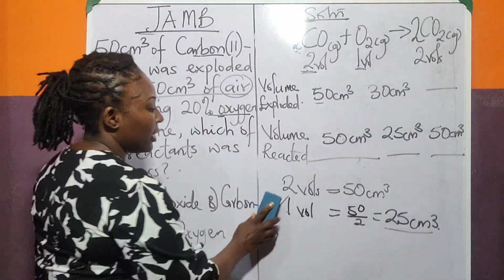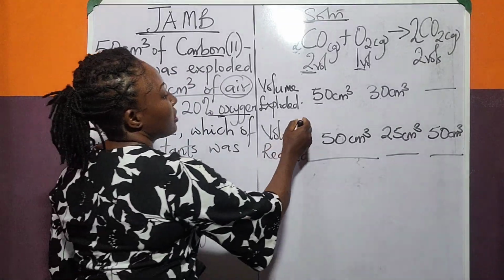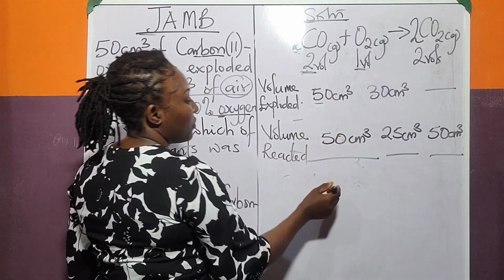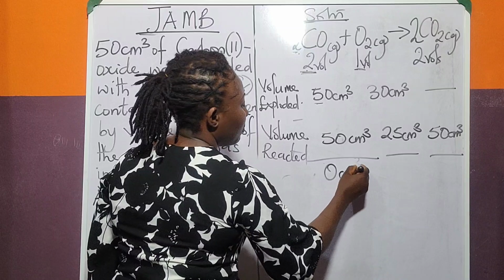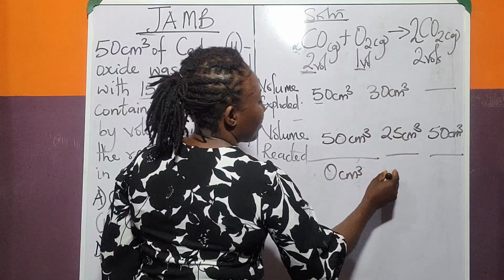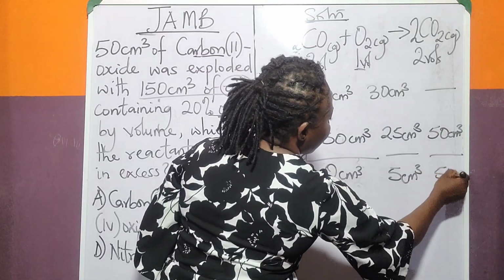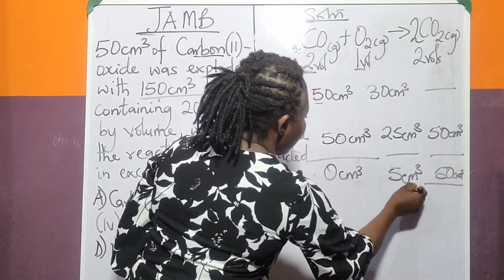Let me quickly find their difference. So if I find their difference, I will say 50 take away 50 will give me 0 cm³, which means all of them were used. Then 30 take away 25, I will have 5 cm³, and then I will bring down 50 cm³.